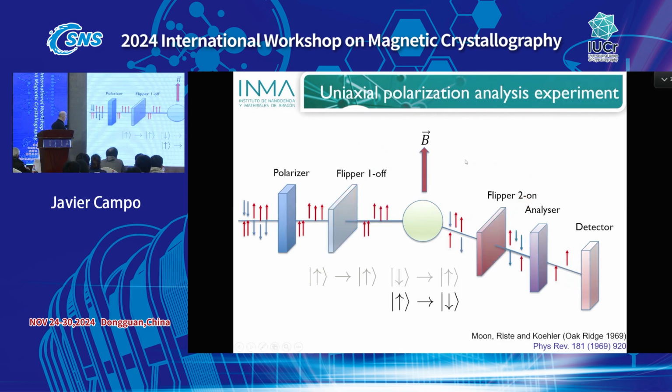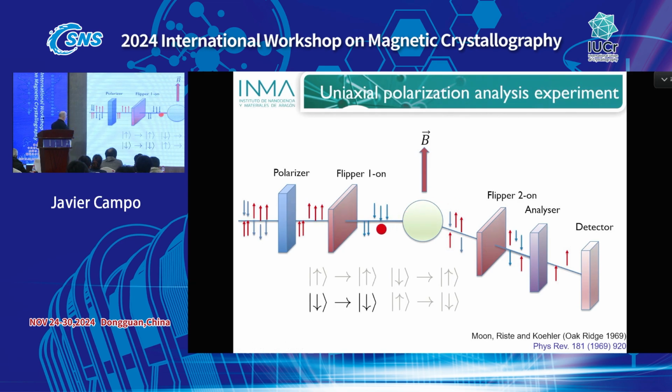And we can do like this. If this is off, the sample will receive neutrons with a spin up, and the detector will receive neutrons with a spin down. These are called spin flip processes here.